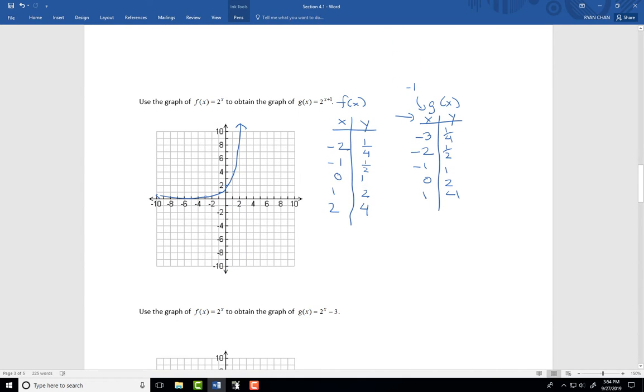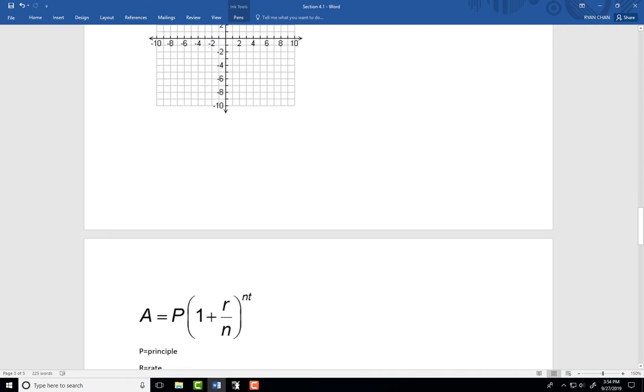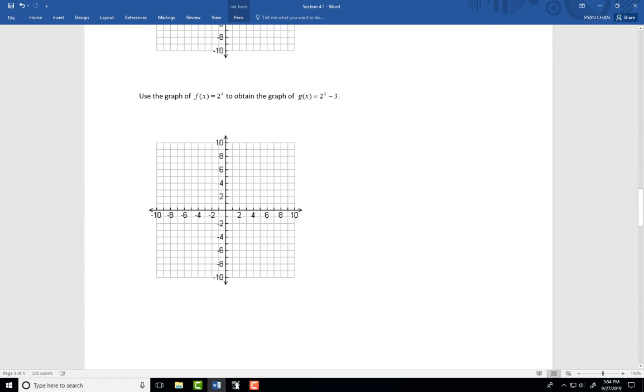Just take some notes to understand what's happening. Let's look at one more. So 2 to the x, f of x. This is the same exact original graph. Now notice I have 2 to the x minus 3. This one is saying I am going down by 3.